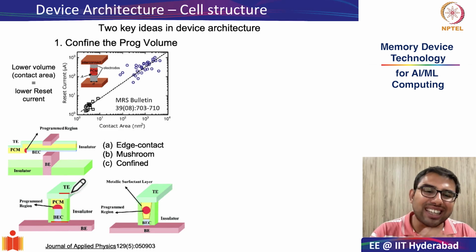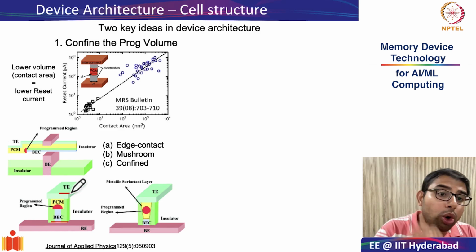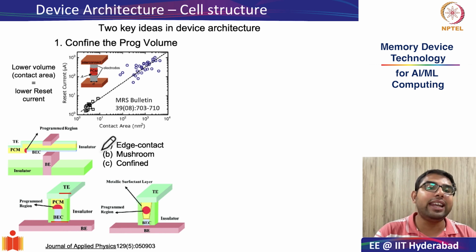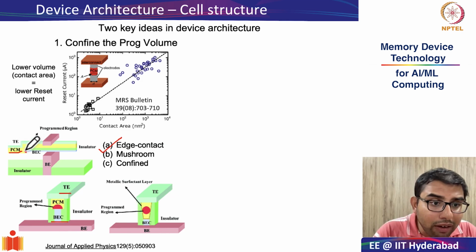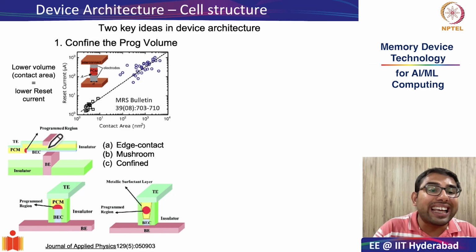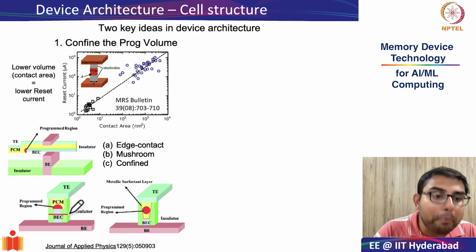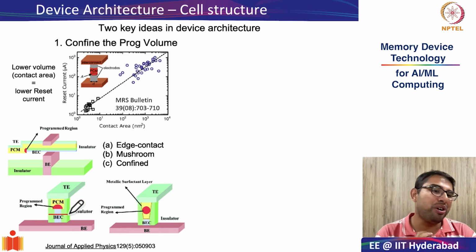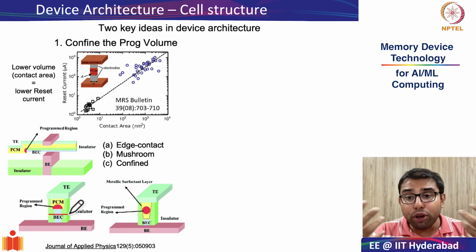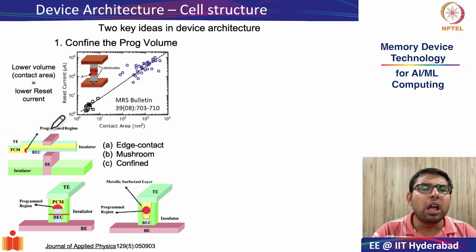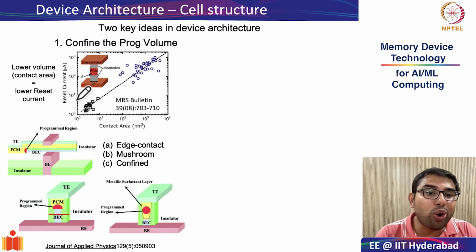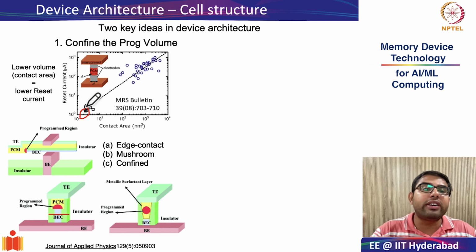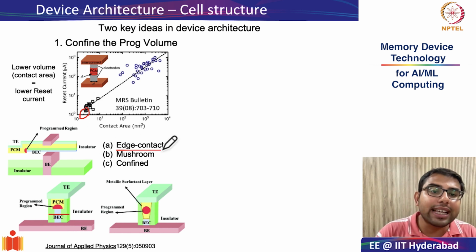And it actually turns out, in reality, if your only goal is to reduce the contact area, possibly the edge contact method is much better. This is because depositing this thin film of PCM is much easier than lithographically patterning out the small bottom electrode contacts. And several research demonstrations have shown incredibly small reset currents, even going to 1 or 2 microamperes, by reducing the contact area drastically by using this edge contact method.